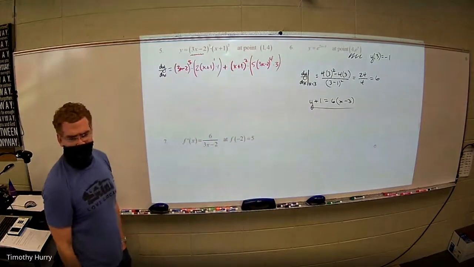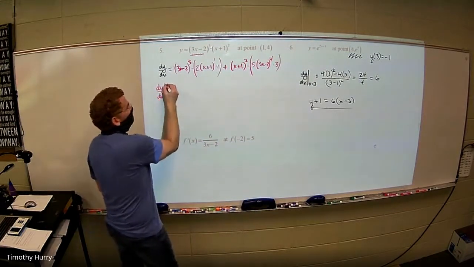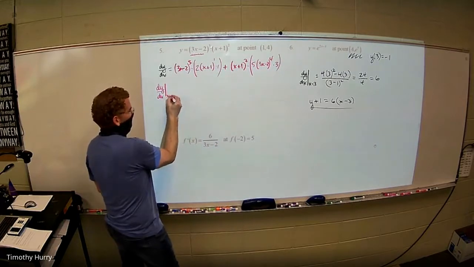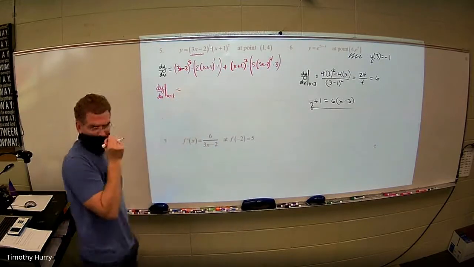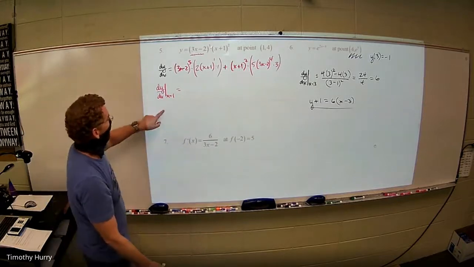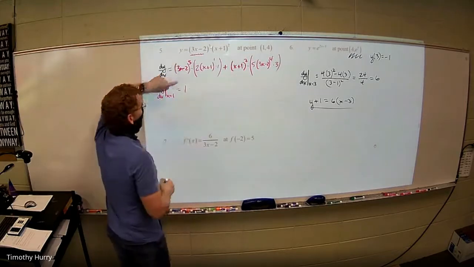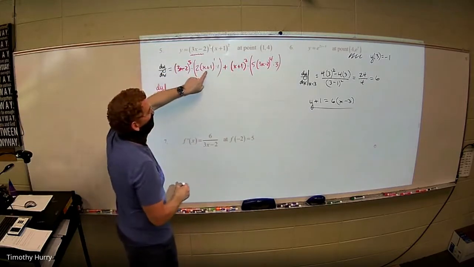So even though that's a really ugly slope, now I can say dy/dx at x equals 1. This should be much simpler than the other one, and more like what I'd probably do on a test. Plugging a 1 in, 3 minus 2 is 1, 1 to the 5th is 1. Plugging a 1 in there, 2 times 2 is 4.